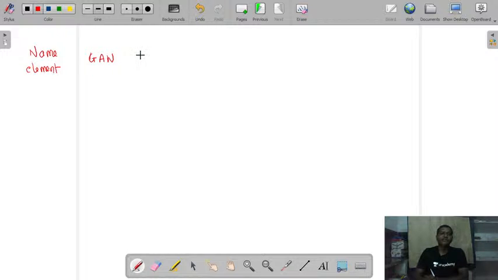Third one, valency. Fourth one, gram equivalent weight. Fifth one, equivalent volume.